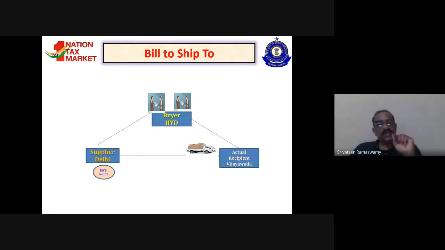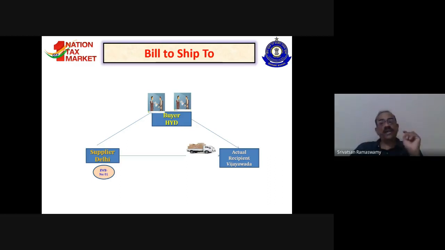The purchase order initially is placed by the person in Vijayawada to me in Hyderabad. I will be issuing a purchase order from Hyderabad to Delhi. So the Delhi person will raise an invoice to me and therefore transfer the right of ownership and possession to me from Delhi to Hyderabad, which will amount to supply, for which he will have to pay taxes as IGST because it is from Delhi to Hyderabad.